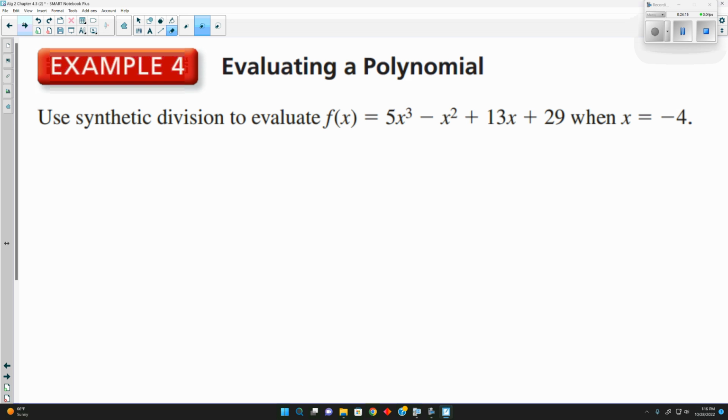Now this here, we want to use synthetic division to evaluate for when x is -4. So we did this on Tuesday. We've evaluated before. If we evaluate for this here, what we can do, we can plug it into the calculator.